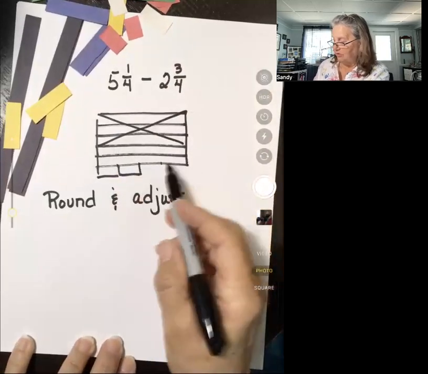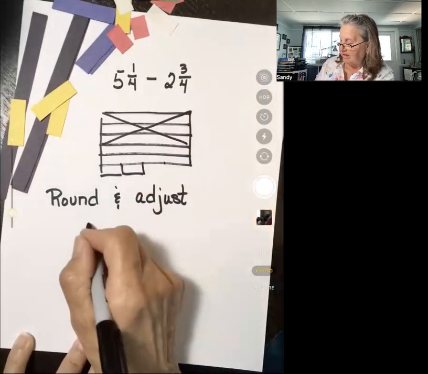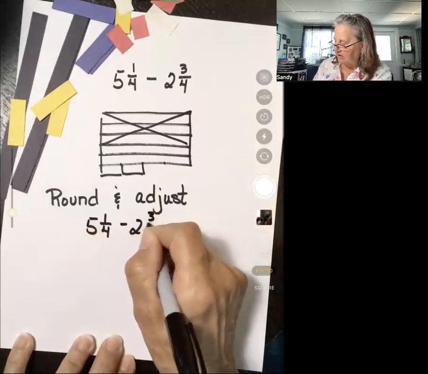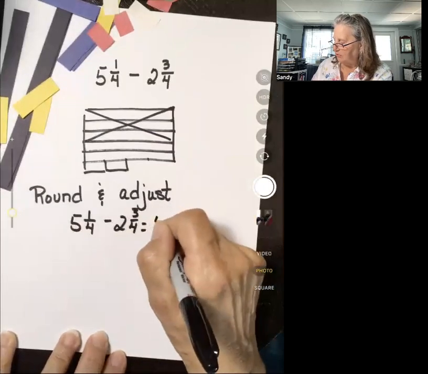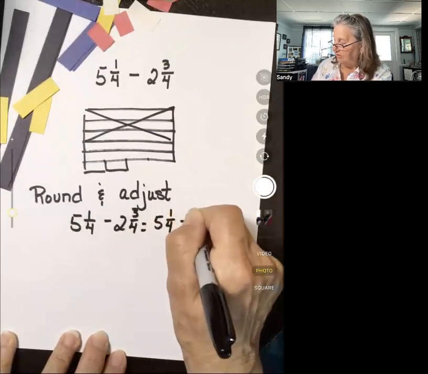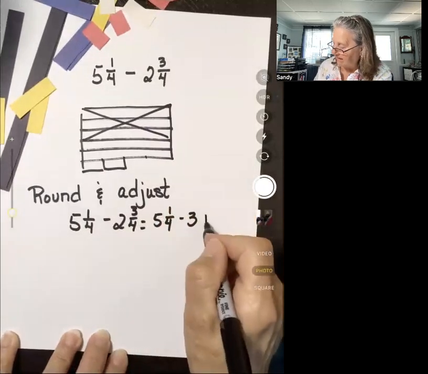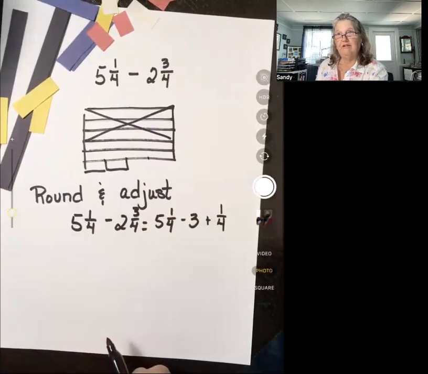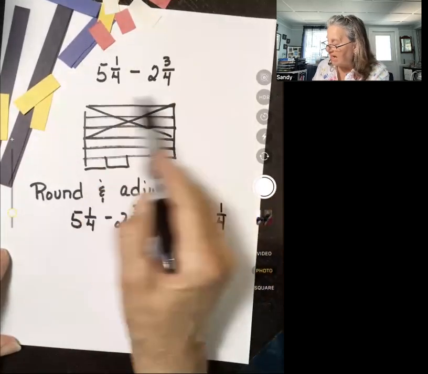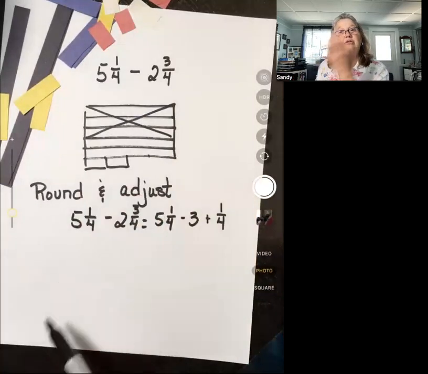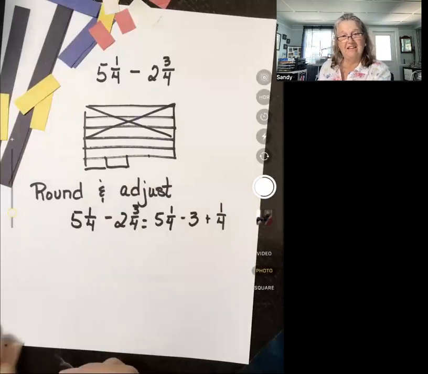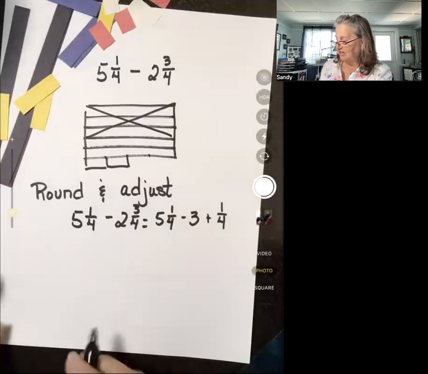It doesn't matter which of the holes I remove 3 holes. So I think of this when I'm removing 2 3/4, I think of it as removing 3 holes, and then I have to give back a 1/4 piece because I removed too much. Round and adjust. Very efficient. It turns a problem that I would have had to use paper and pencil for into a mental arithmetic problem. I can remove 3 from 5 1/4 in my head, and I can give a 4th back. Easy enough. Okay, round and adjust.